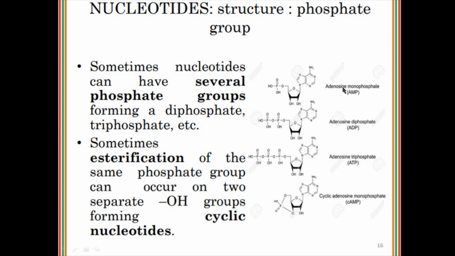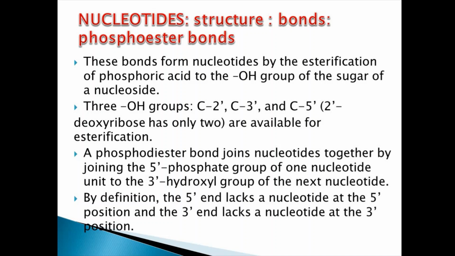Sometimes we also include the number where the phosphate is bonded, so this can be adenosine 5' monophosphate. Carbon number 1 is called 1', carbon number 2 is 2', carbon number 3, 3', carbon number 4, 4', carbon number 5, 5'. That's how we name our carbons.